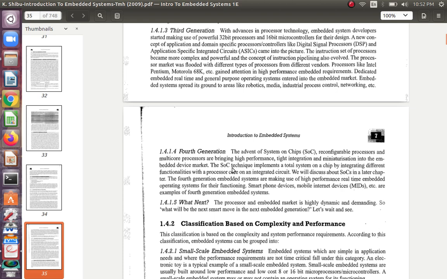With system on chip concept, integration between various functionality with a processor has become easy, and fourth generation chips are used in our smartphone devices, mobile internet devices, etc. So next, the processors are expected to become highly dynamic and demanding, much more faster, much more better.